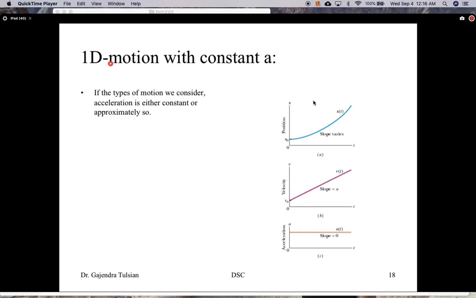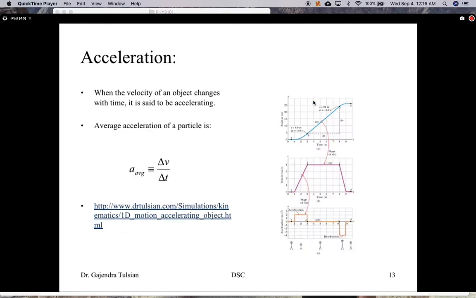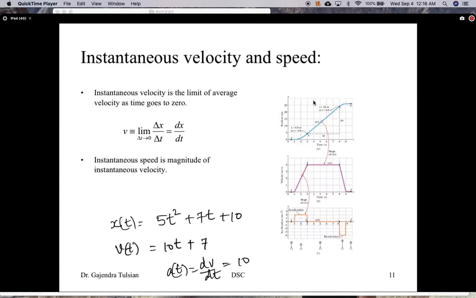So in 1D motion, when the acceleration is constant, and this is the case we'll mostly deal with, let's go back to the example. When acceleration is constant, that means the position is a quadratic function of time, and velocity is a linear function of time.